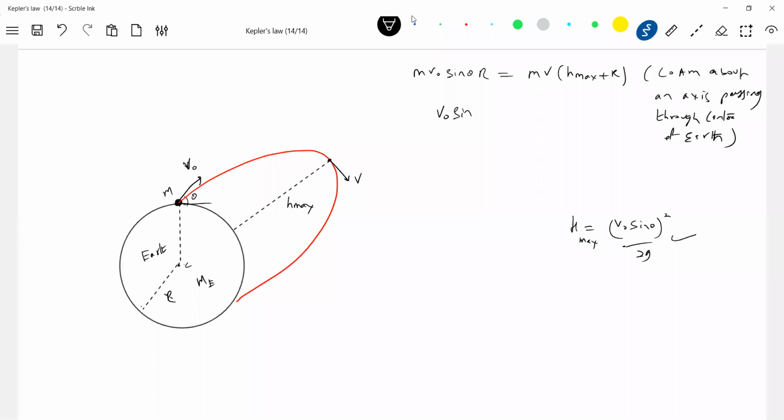So v0 sine theta r equals v into (h max plus r). Equation 1. I need one more equation.